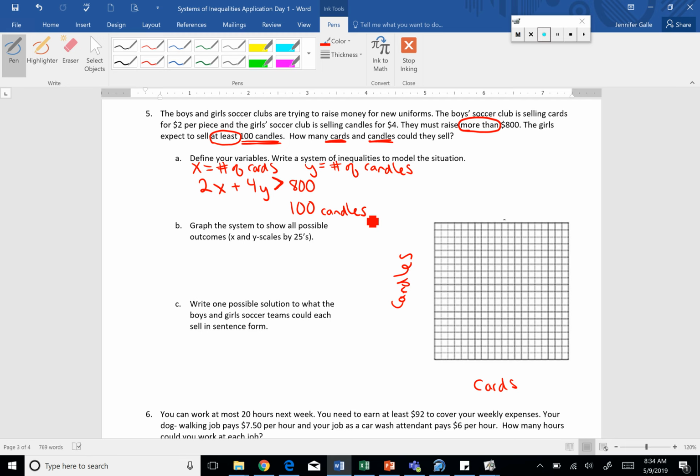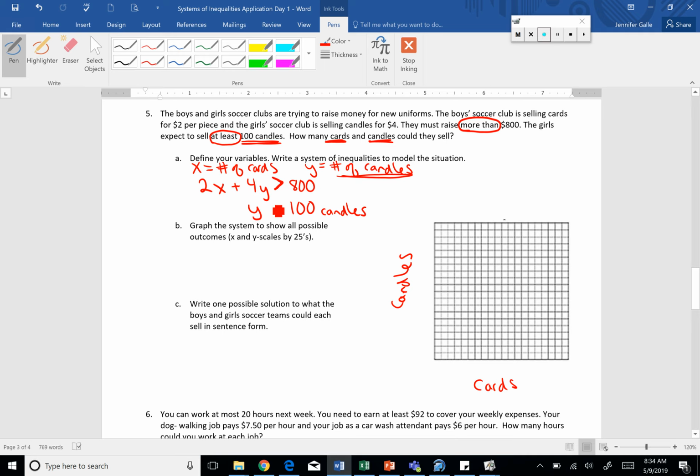So candles. So I have to look at this very carefully. Candles are my Y. And it's just how many I have. The 100 has nothing to do with the money, so I don't want the $4 with it. I just want the number of candles. We saw the phrase at least in our first example today. At least means 100 is the least.